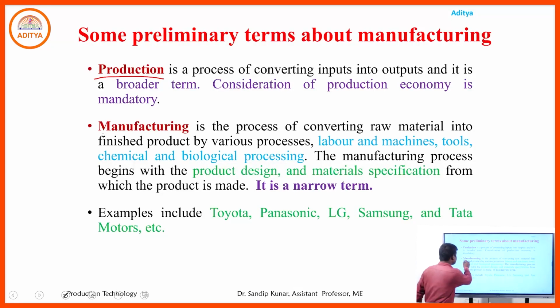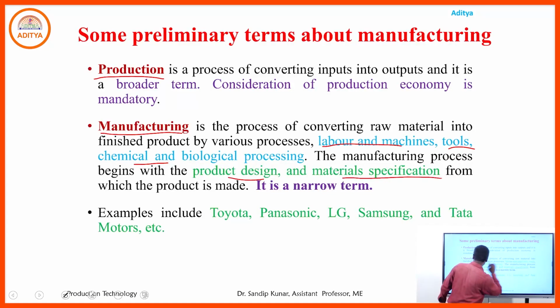And in case of manufacturing, what happens? Now, converting raw materials into finished product using various processes, labor, machines, tools, chemical and biological processing. So different things we use in manufacturing. It also starts with product design and material specification from which the product is made.